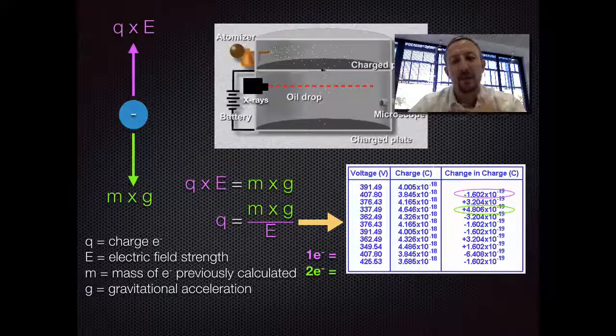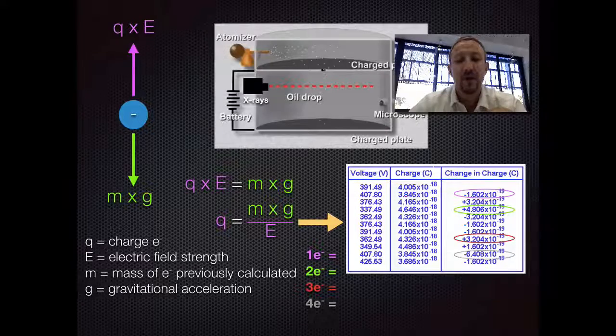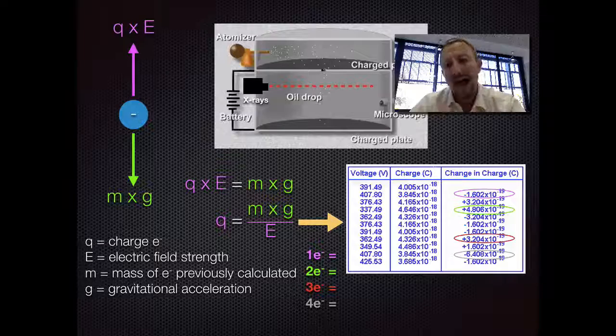And as a result, they were going up in increments of 1.6 times 10 to the negative 19. 3 electrons gave us 3.2, and 4 electrons gave us 6.4. The difference between positive and negative is solely due to whether the electrons have been removed or added to the oil drop. If they've been added, the drop will be negatively charged, and if they're taken away, it will be positively charged.